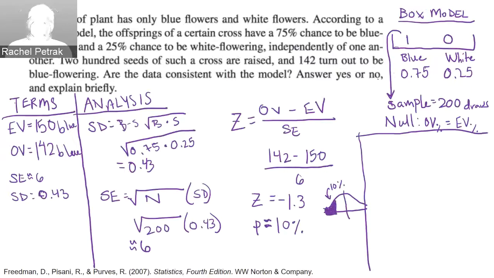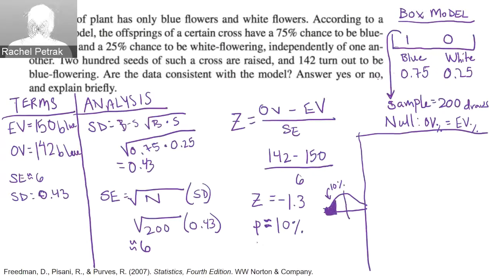So are the data consistent with the model? They're asking, does the data reflect the population? Does this difference reflect just chance variation?